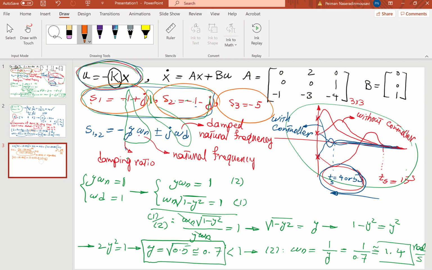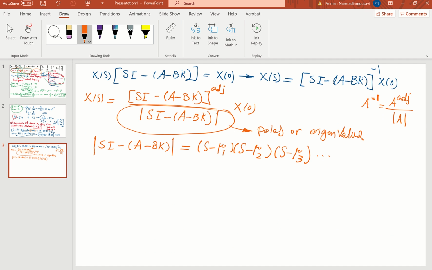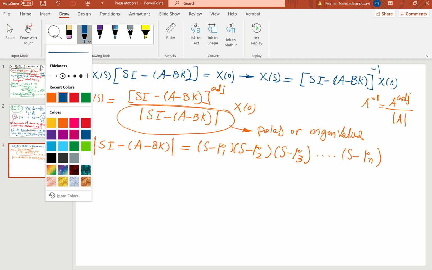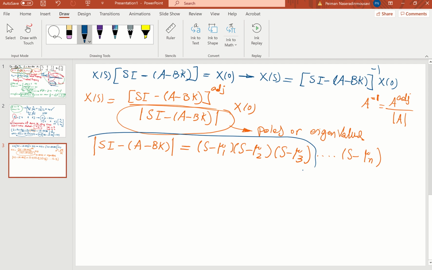Clear? For an nth order system with n states, you have n desirable poles, up to mu n. Today the example is a third order system, so we're going to solve this. This is very easy, guys, easier than the previous cases.